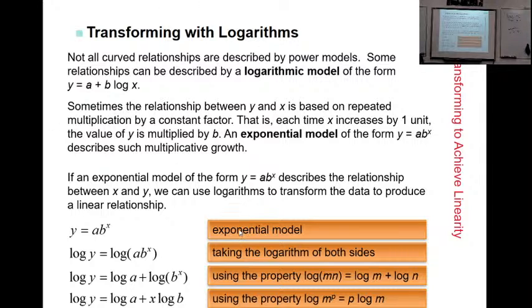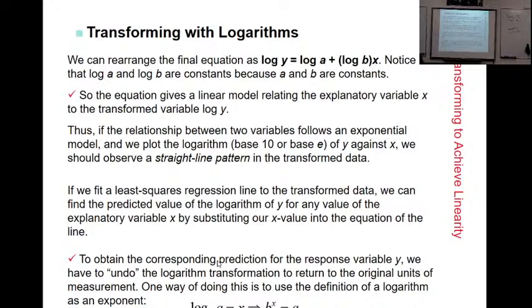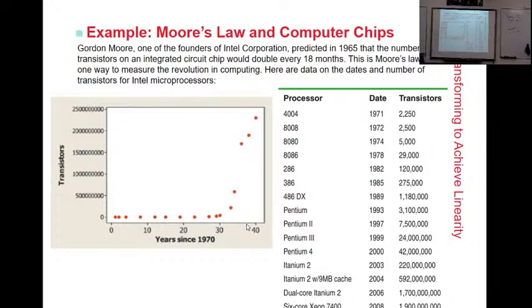All right. So remember, log of A and log of B are just numbers. They're constants. Log of Y is still a variable, and you would usually, when you write the equation, have a y hat. So when we transform, this is another slide that talks about how the logarithms work. So feel free to read that slide. But here's an exponential model.